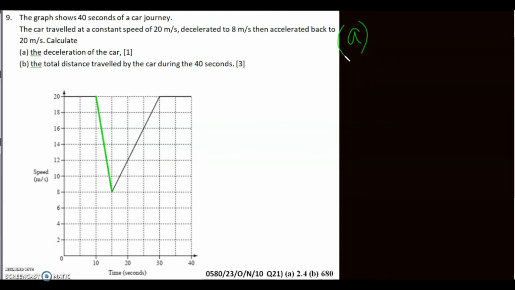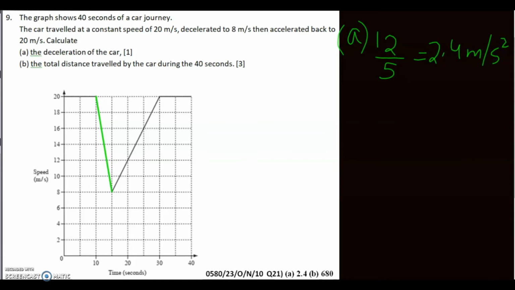Both are per seconds. So we can directly find the rise over run. Rise is from 8 till 20, that is 12 units, and run is from 10 till 15, so 5 units. So the answer would be 12 upon 5, which is 2.4 meters per second square.